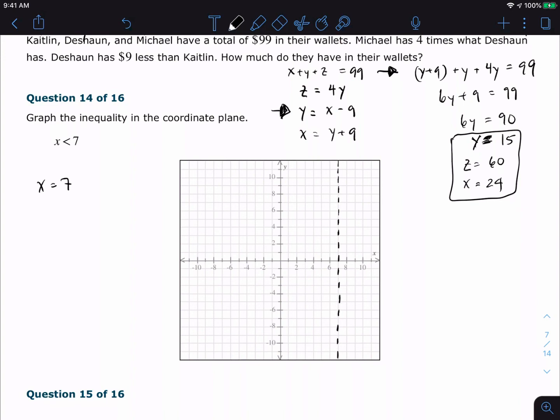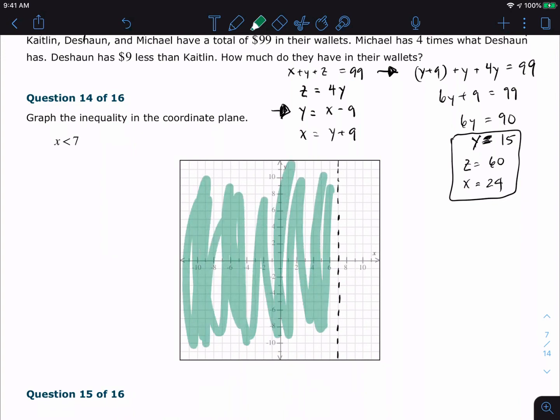And then it says x is less than or equal to, so I'm sorry, just less than. So if it's less than, do I shade to the right or do I shade to the left? The left. I'm going to shade to the left. So let me fix this real quick. So this is the area that will be shaded. And that's the answer to this problem.